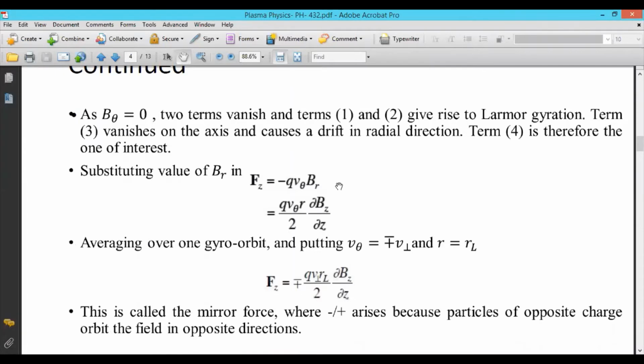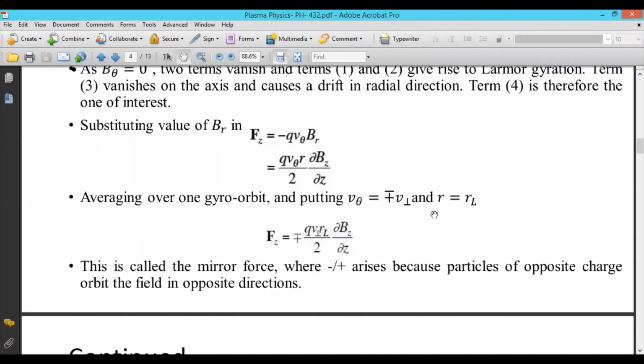So if we take the average over one gyro period and put v theta equals minus plus v perpendicular and r equals the Larmor radius, we can have F of z equals minus plus q over 2 r v perpendicular partial z of B z.